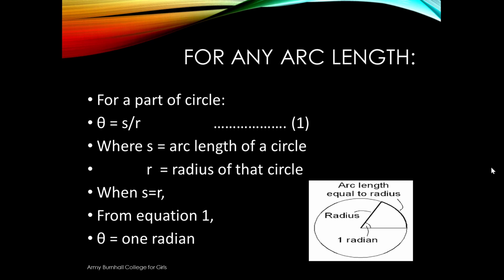If we take any arc length for a circle, and consider the formula theta is equal to S over r, where S is the arc length of the circle and r is the radius of that circle, then by the definition of radian, when S is equal to r, the arc length is equal to the radius, from equation 1 we get theta is equal to 1 radian. Because S will be cancelled by r, both these quantities being equal, we get theta is equal to 1 radian. Again, the definition of radian is justified here.